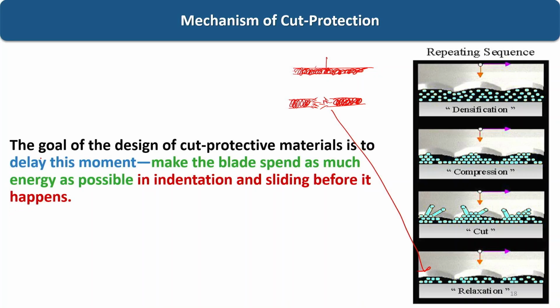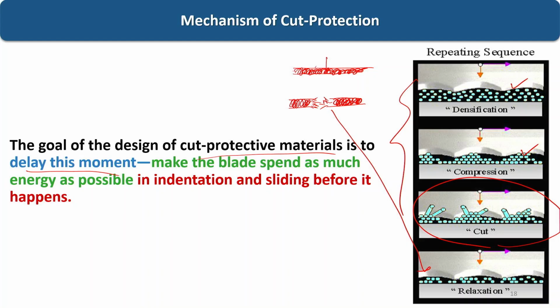So, the goal of the design of cut protective material is to delay this moment. If we try to delay the densification, compression and the cutting process, then we can save ourselves, and that is why it is protective.